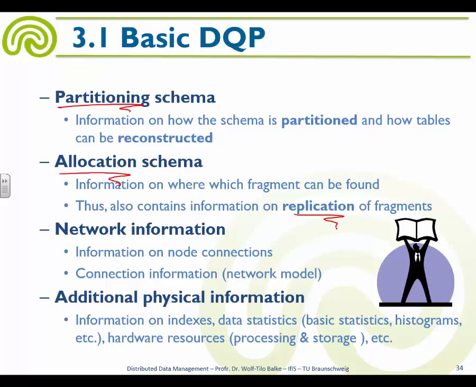Do I have several possibilities of accessing that data? And if so, are the nodes where I can access this data different in terms of their responsiveness, in terms of their computing power, in terms of whatever, right? Is it beneficial to get something from node 1 rather than from node 5?